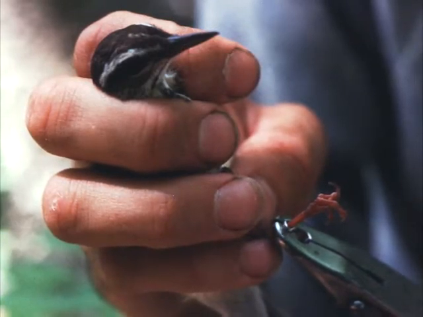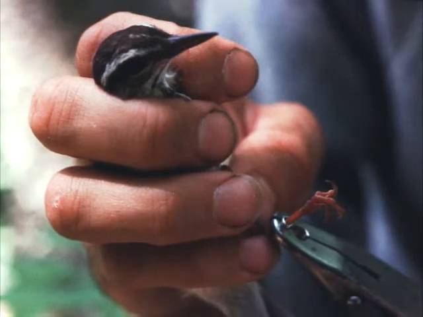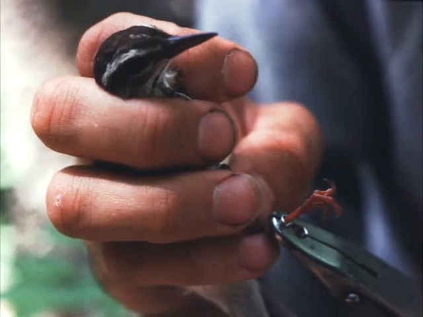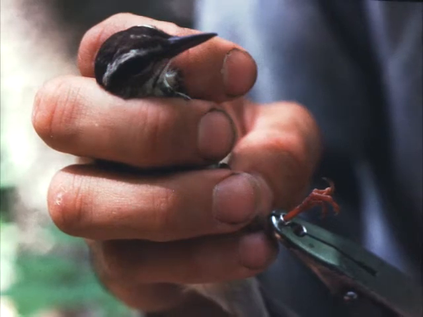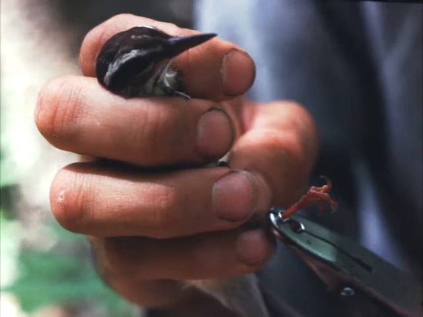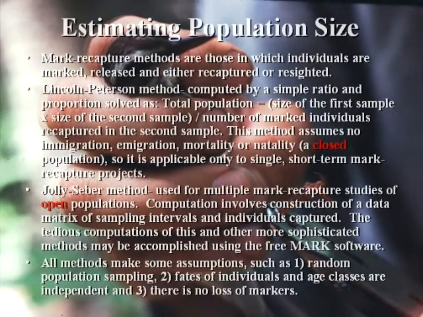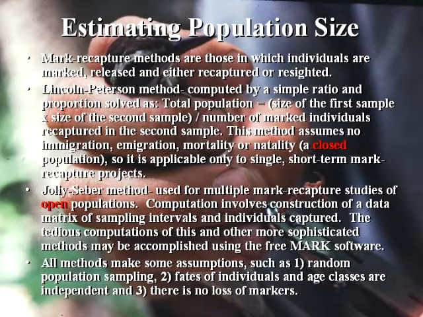And so we can use some statistical kinds of techniques to estimate what the total population size is from the percentage that we have banded. The simplest method for estimating populations from marked individuals is called the Lincoln-Peterson method. And it's simply a ratio and proportion problem.